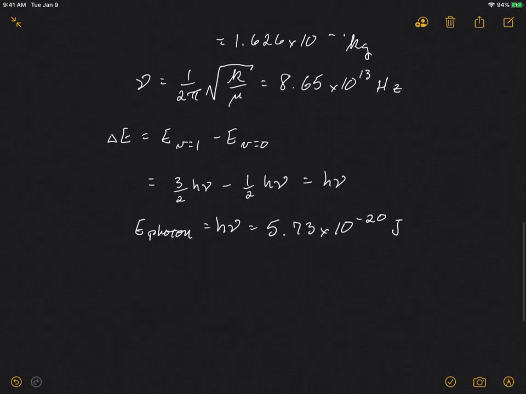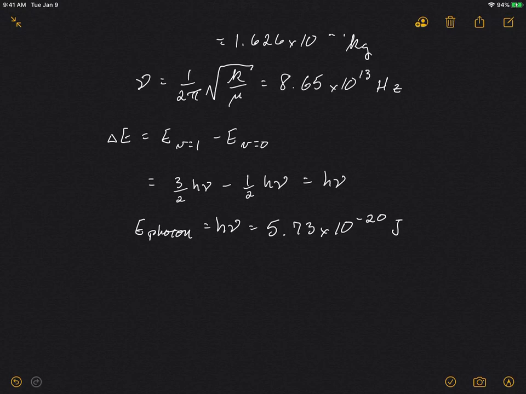Of course, that's per photon. That's not per mole of photons. So we expect a very small number when it's on a per photon basis. Per mole of photons, it's going to be, maybe several joules or kilojoules or something like that when we plug in Avogadro's number.